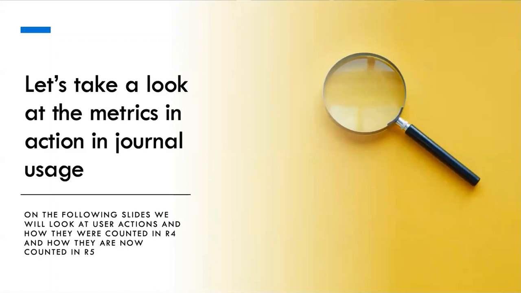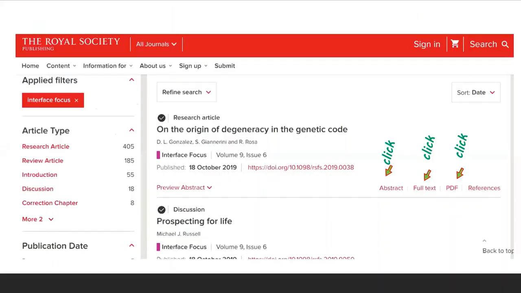So let's take a look at the metrics for journal usage to kind of talk through this and show how this works. So here's a journal platform and an article display from the Royal Society. And as you can see here, there are 3 different places where you can click as a user. You can click on the abstract, look at the abstract.